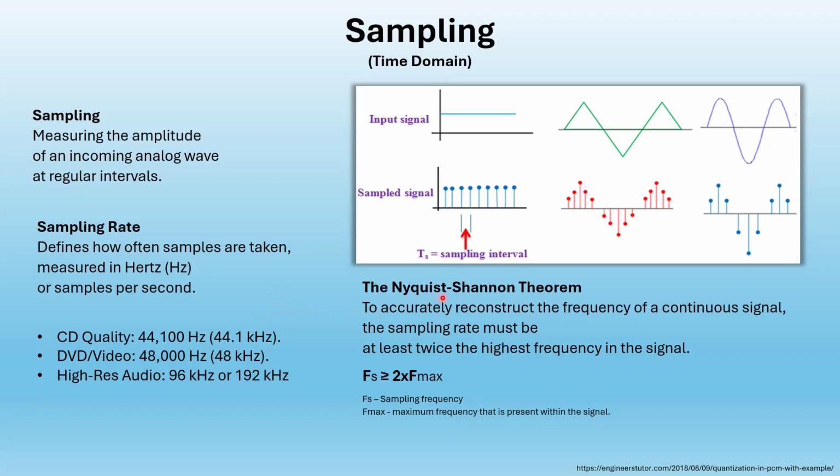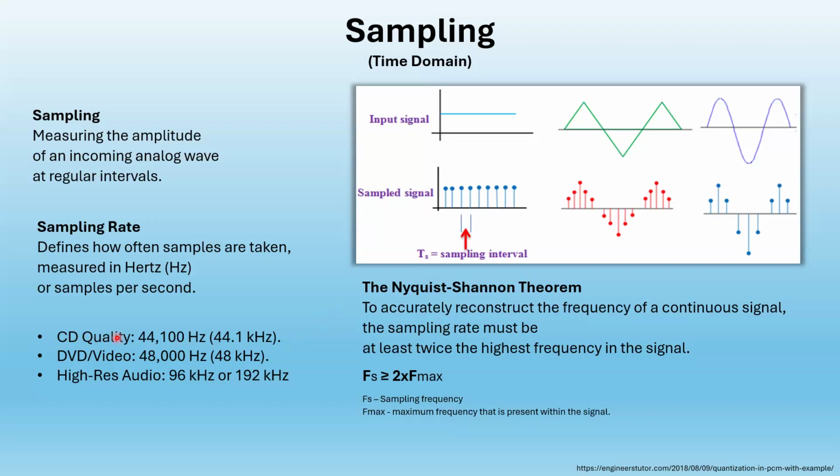So using the Nyquist idea here, Nyquist-Shannon theorem, the highest frequency that we can hear is 20 kilohertz. So multiply that, you're going to have 40 kilohertz. And take that a little bit higher just to make sure that we can reconstruct all the things that we can hear. Then we can take it to 44.1 kilohertz, and that is actually the CD quality sound.